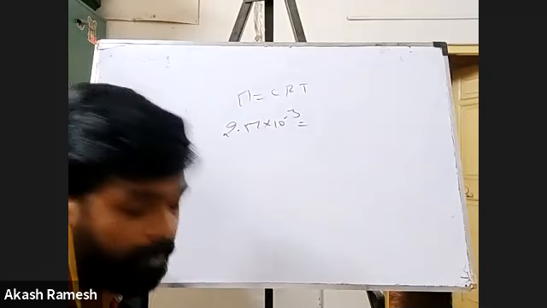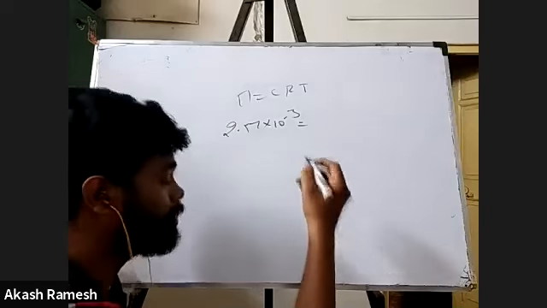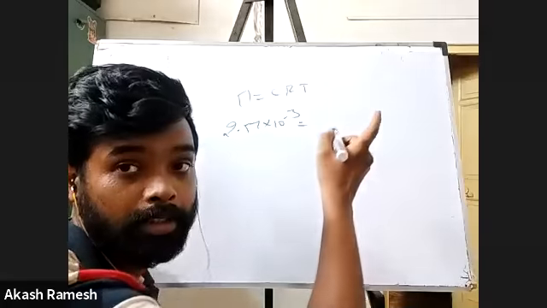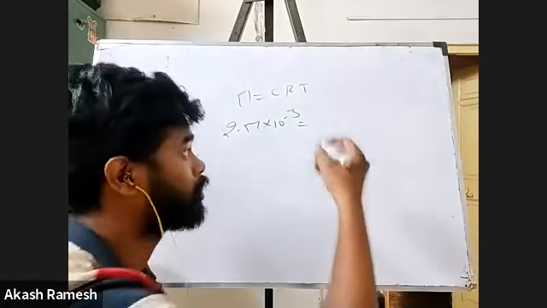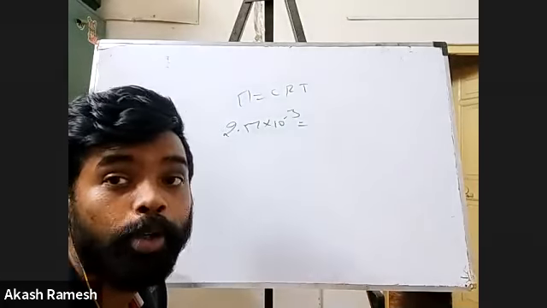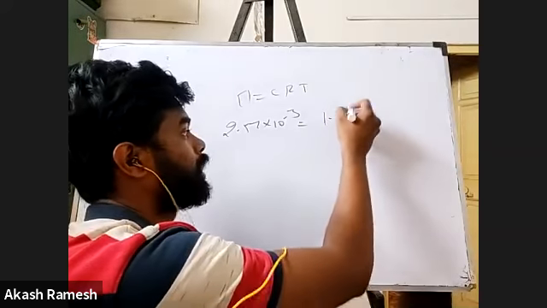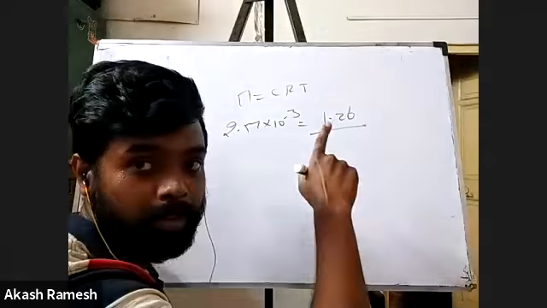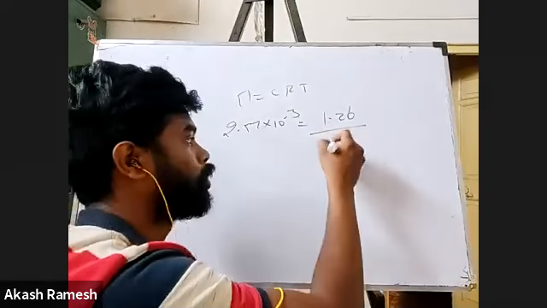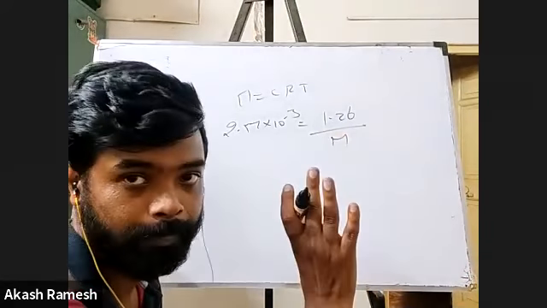Please be very careful. They have given that the solute here is protein, and that there is 1.26 grams of protein present in the solution. So the number of moles is the given mass, 1.26, divided by the molecular mass, and the molecular mass of protein I don't know.